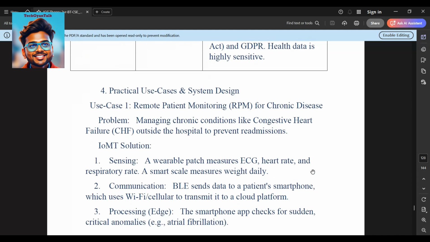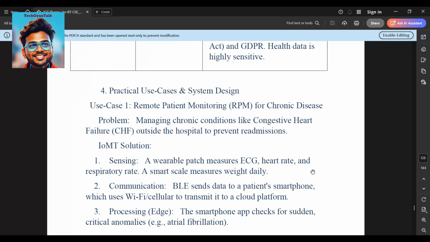Practical use cases and system designs. Use case one, remote patient monitoring, aimed at chronic diseases. The problem is managing chronic conditions like congestive heart failure, CHF, outside the hospital to prevent readmissions.